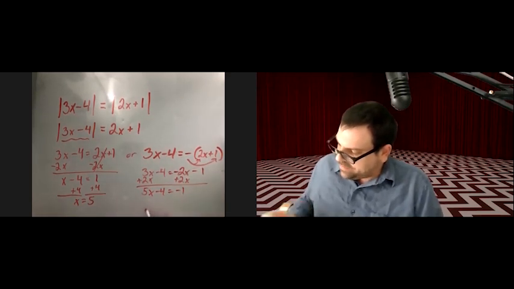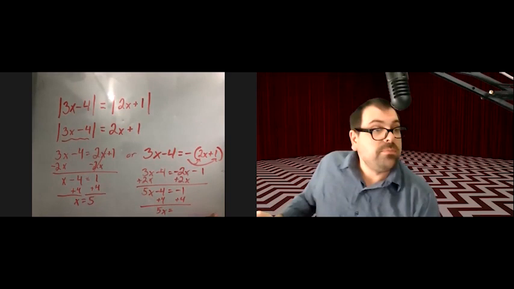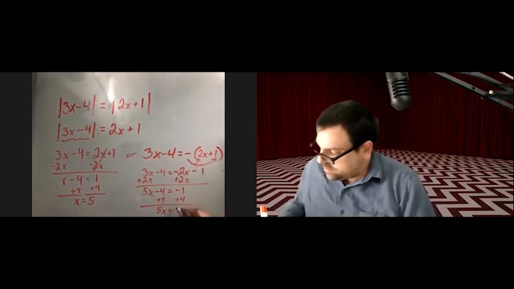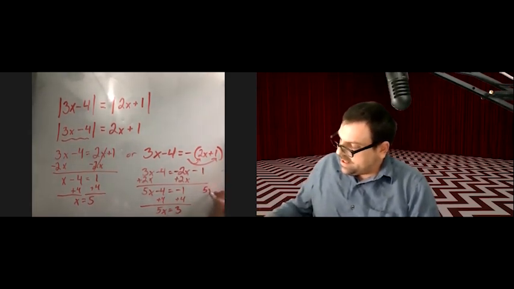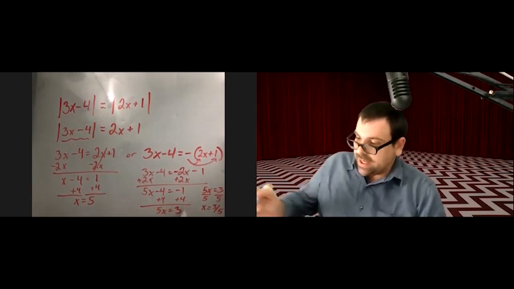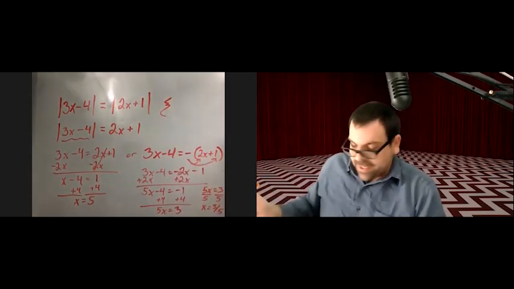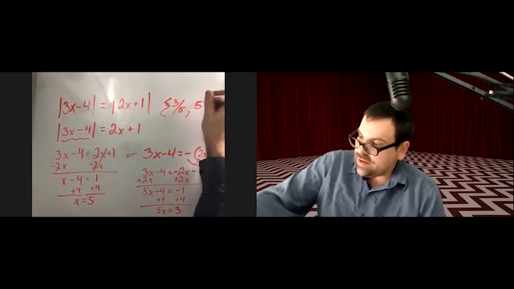I'm going to add 4 to both sides. So 5x equals negative 1 plus 4, positive 3. And if I divide both sides by 5, I'll get x equals 3/5. So my two answers in my solution set, 3/5 and 5.